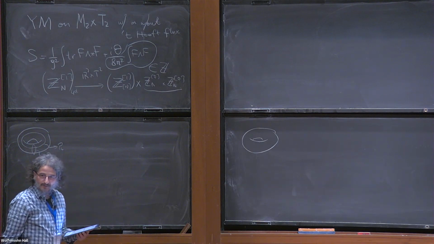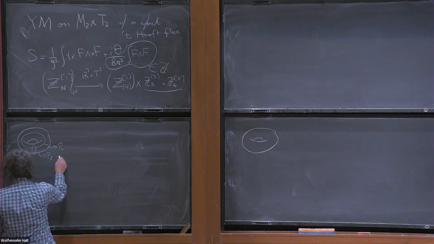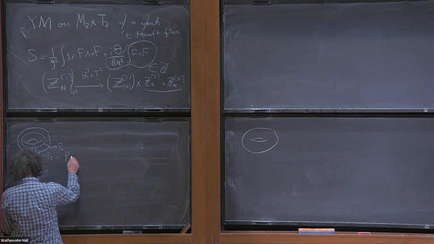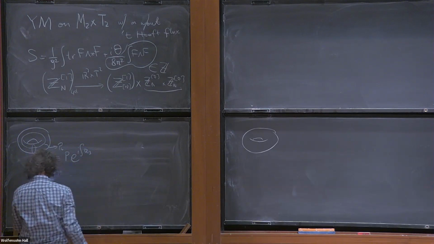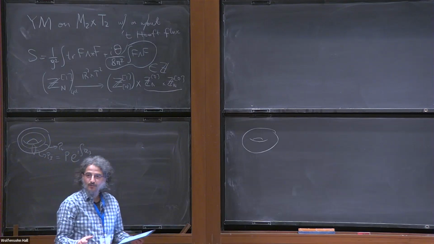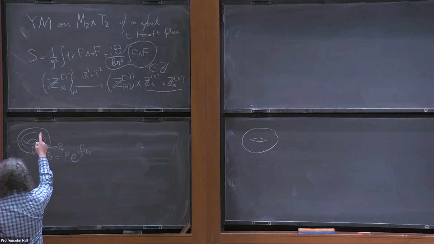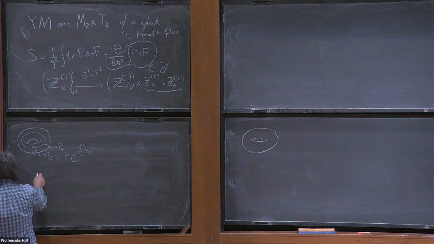In the SU(N) gauge theory, with no 't Hooft flux turned on, for example, P3 is the path-ordered exponential integral of A3, and similarly for P4. When we do this compactification and go to the small T2 limit, the F34 component behaves like a potential.